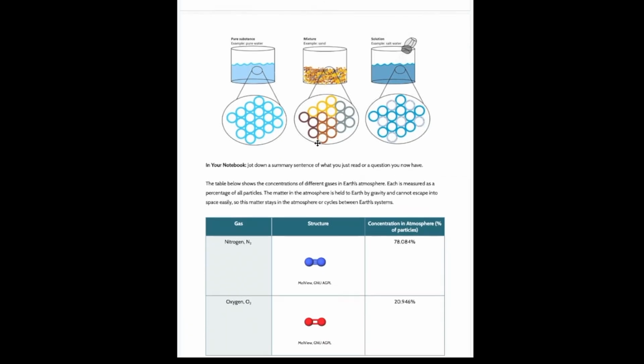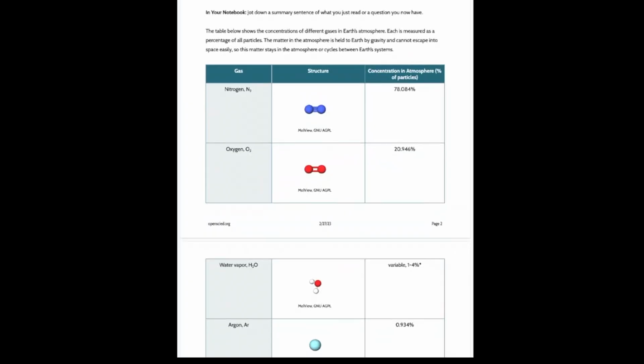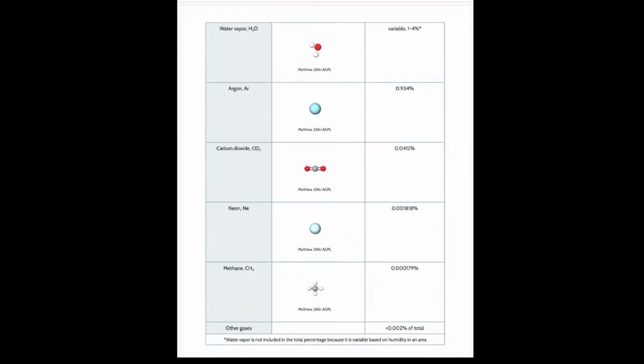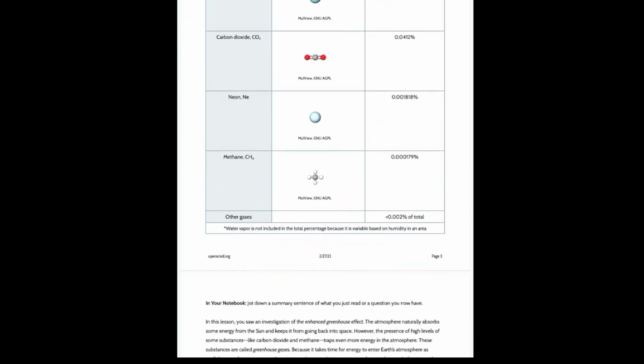We're going to be thinking about different concentrations of gases, and we're also looking at molecular structures for the first time. So we've got a little chemistry peeking its way into our earth science, and we're going to be thinking about all these different atmospheric gases.